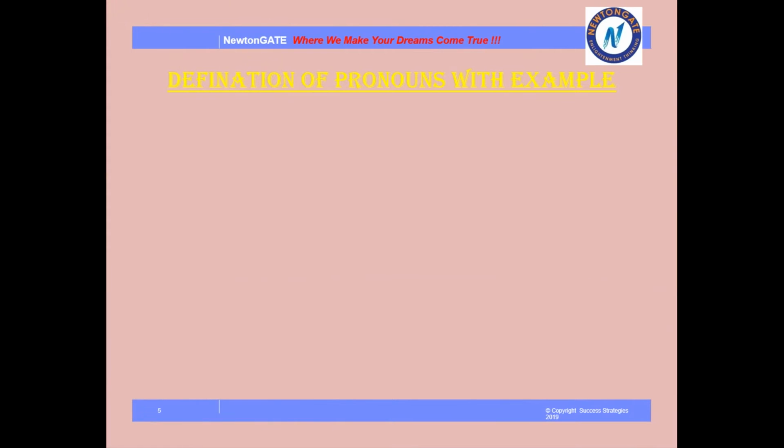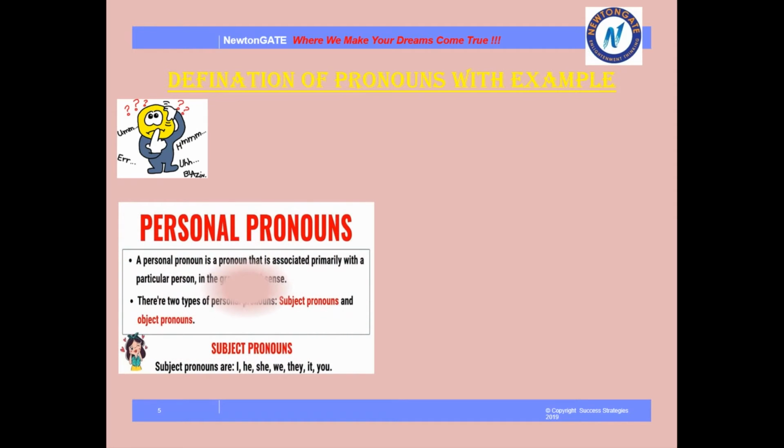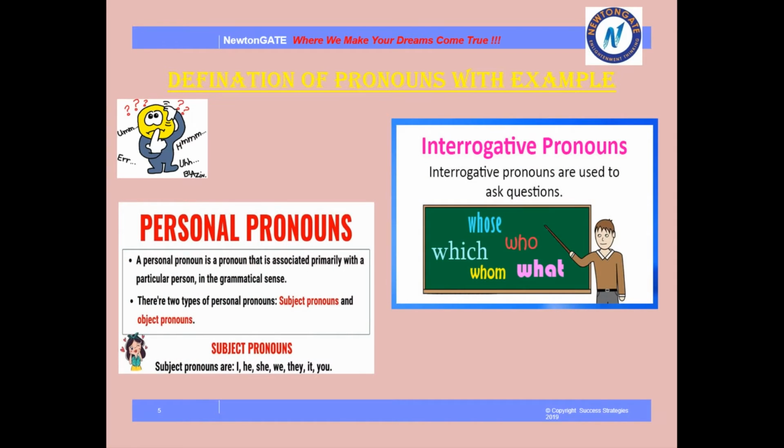Okay, I think it's very interesting, no? See, now the next thing is definitions of pronouns with examples. It is very important to know the definition also, because if you don't know the definition of the pronoun, you may have some problem. So definitions and examples of pronouns are very important.